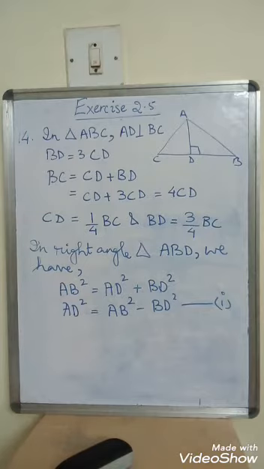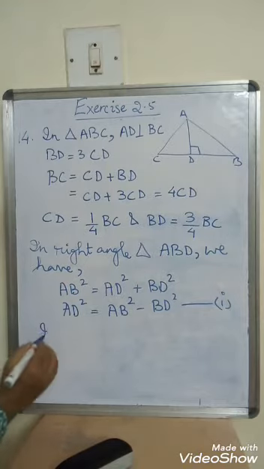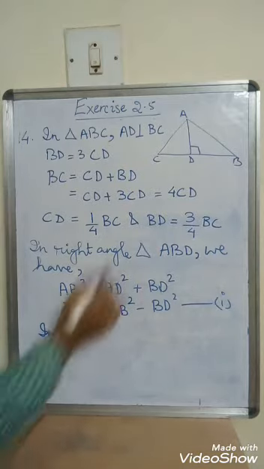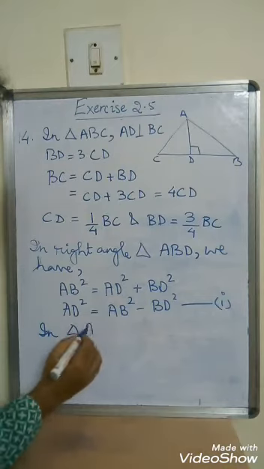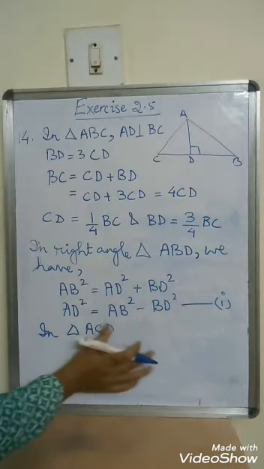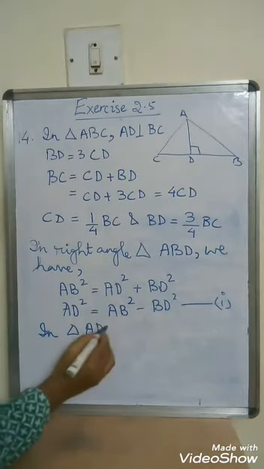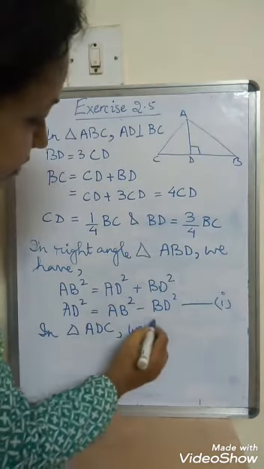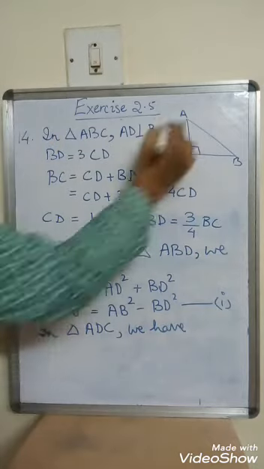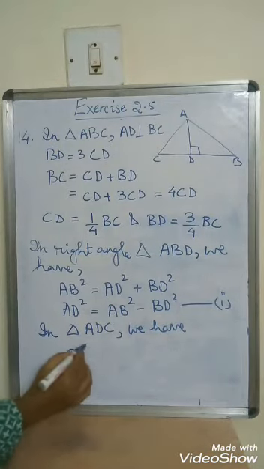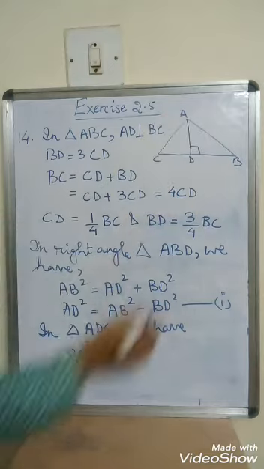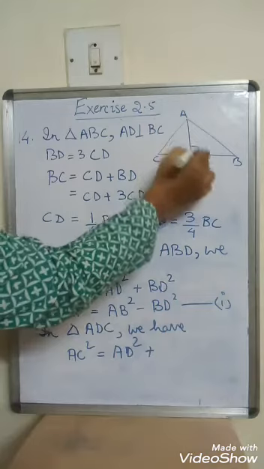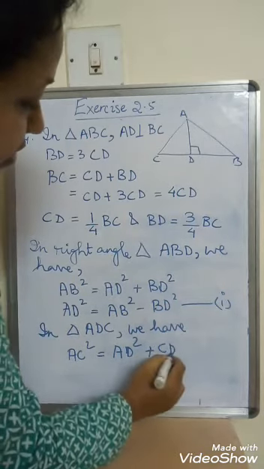Next, again in triangle ACD, or ADC, what do we get? We have AC square is equal to AD square plus CD square.